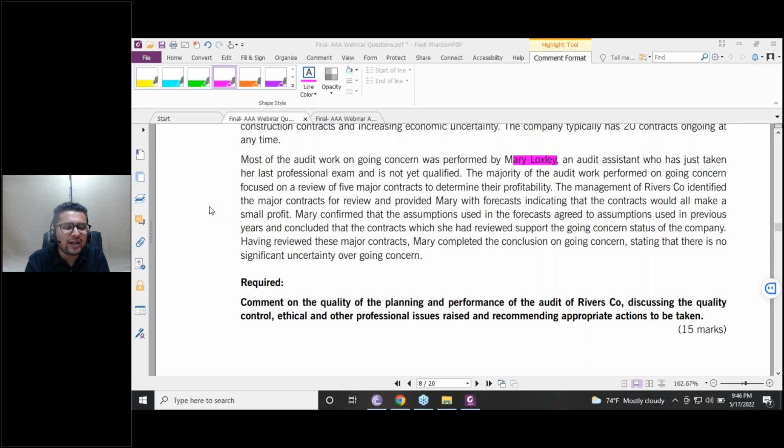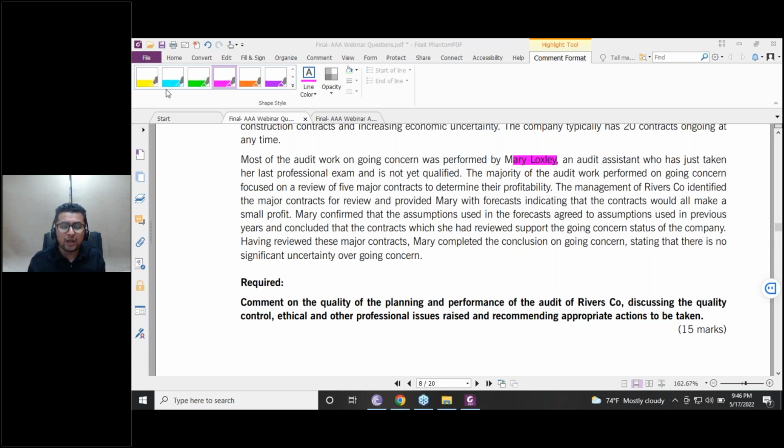Yes, that particular individual is not competent enough. He or she might not have good enough experience. That's a very subjective area, very complicated area, very sensitive area. Going concern is a very tricky part. Moreover, at the planning stage, it was realized that going concern is significantly at stake. So the work has been allocated to someone who is not competent enough, not senior enough.